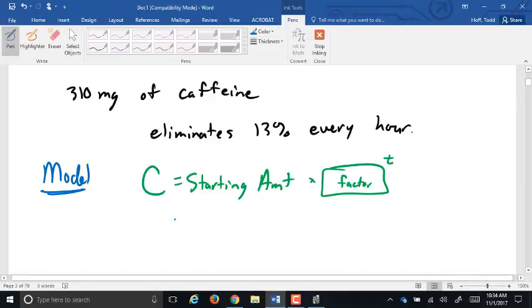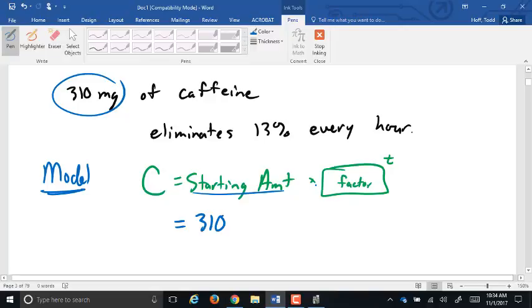So in this case, what is the starting amount that would go into this model? How much caffeine did Jacob consume? 310 milligrams. So we're going to put the 310 in there as the starting amount.